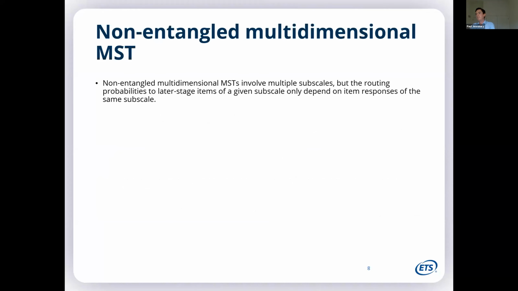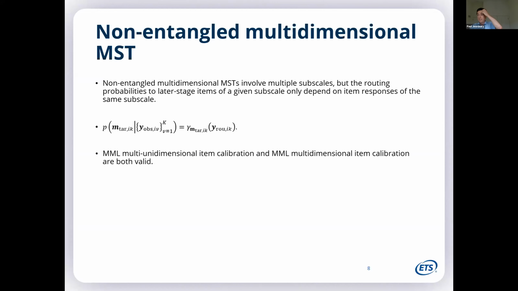Non-entangled multidimensional MSTs are defined as essentially the opposite. We still have multiple subscales, but the routing probability to later stage items of a given subscale only depends on item responses of the same subscale. So in this case, the conditional probability of the missing data pattern on the second stage for a given subscale is a function of the item responses on the first stage for that same subscale and no other subscale.